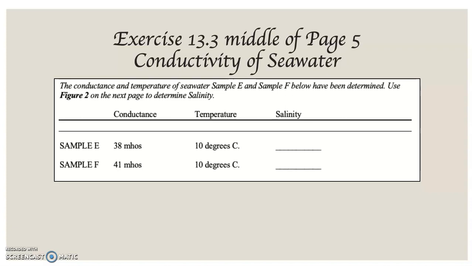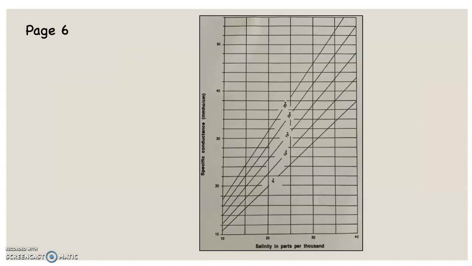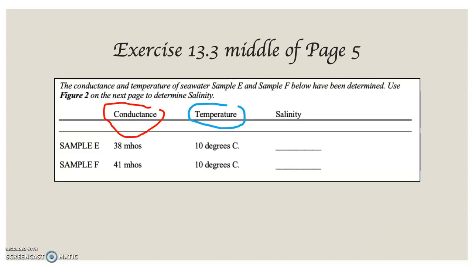Figure 2 is going to be a graph. This is what the graph looks like. So if you look in the lab, you can see here's this graph. What we're looking for is solving for salinity.